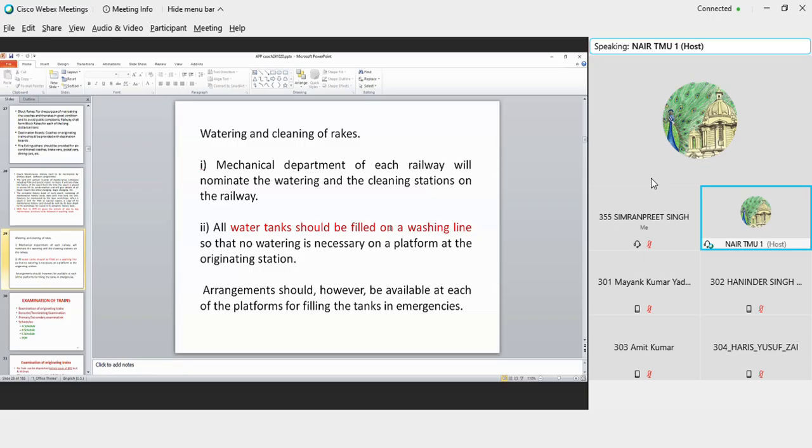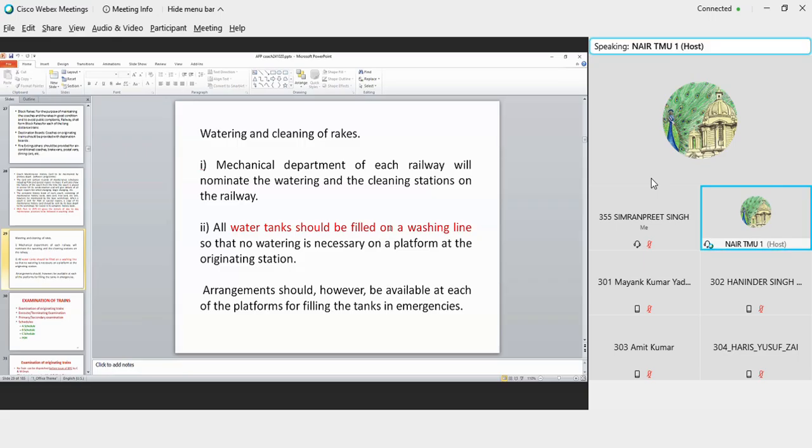We don't do watering on the platform at the originating station. Assuming the train has started from Baroda and has to go to Bombay, when the rake comes from the Baroda washing line to the Baroda platform, it will be completely watered. Since it has started from Baroda, you may find that they have defined that when the train reaches Vapi and there is a stop of 15-20 minutes, we will water it again.